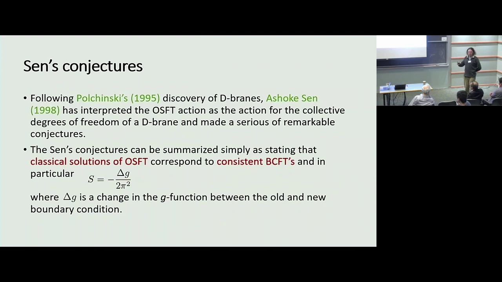Remember that to formulate the action, we need some initial boundary conformal field theory, which has its own g function. And the new solution, if it's different from 0, corresponds to a different BCFT with different g, and this delta g is measured by this action. And this factor 2 pi squared was famously calculated by Ashoke.